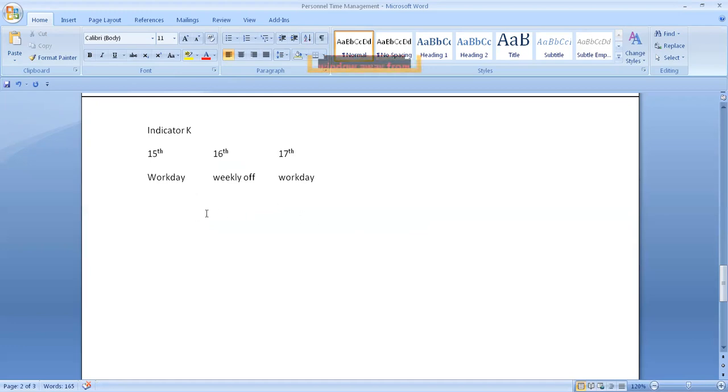So the system is considering it as 3 days as the leave days. It is considering the 15th, 16th, and 17th, all three, even though there is a weekly off in between. The system is considering three because the indicator we have mentioned is K.